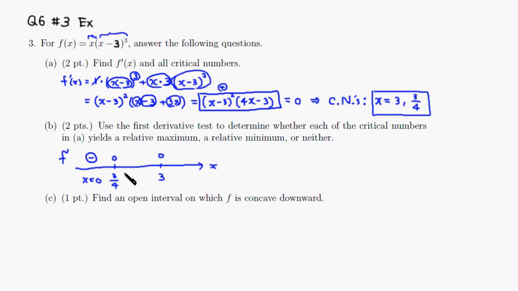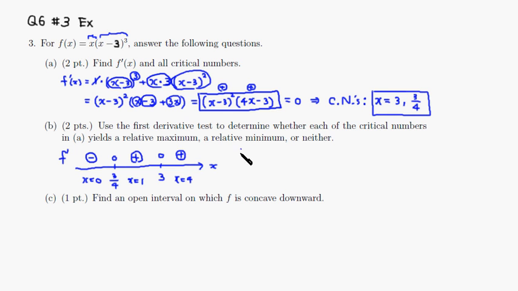And between 3/4 and 3, I'll try x equals 1. If you have 1, 4 minus 3 is positive. Positive times positive is positive, so you have a positive sign here. After 3, like x equals 4, you see that 4 times 4 is 16 minus 3 is positive, so everything's positive, so it's still positive.